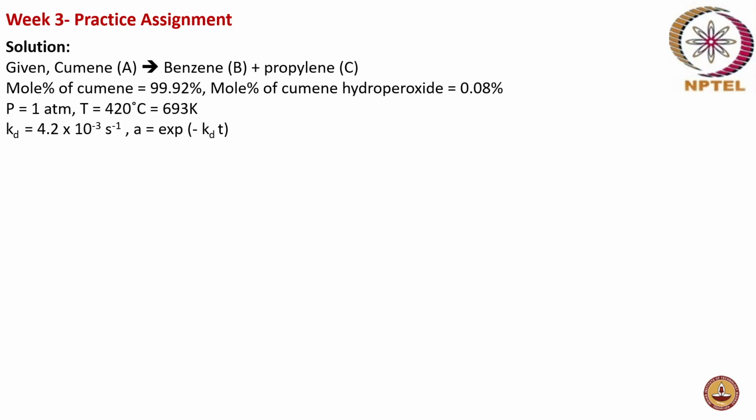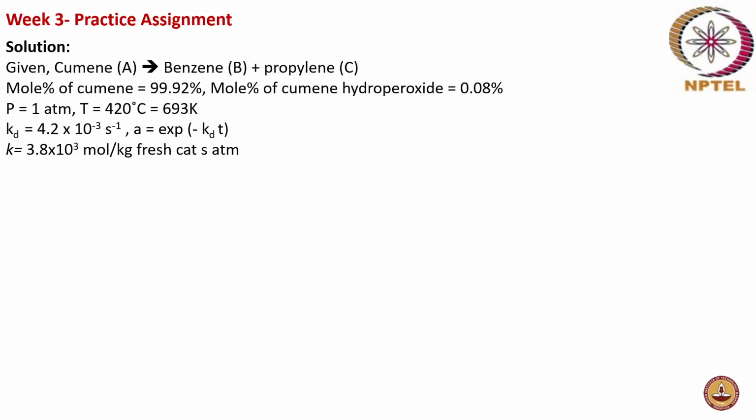That means dA by dt is equal to kd into A. Integrating the expression, you get the activity as exponential of minus kd into t, the first order relation. That is what they have mentioned.